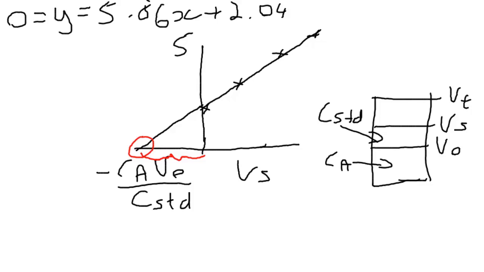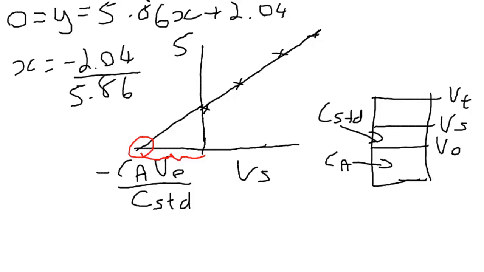So we're saying the y value of the signal is 0, and then rearrange for x, and we'll get that x is negative 2.04 divided by 5.86. And you get a value, in this case, of negative 0.348.